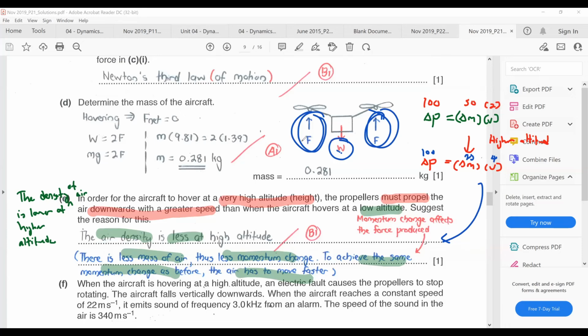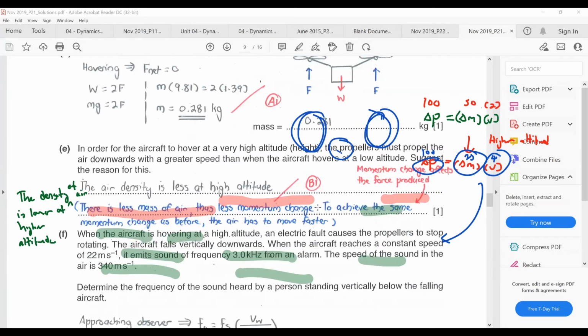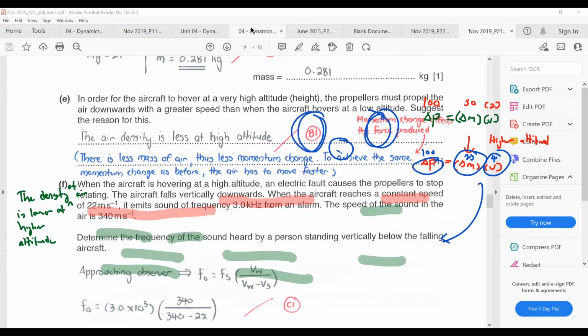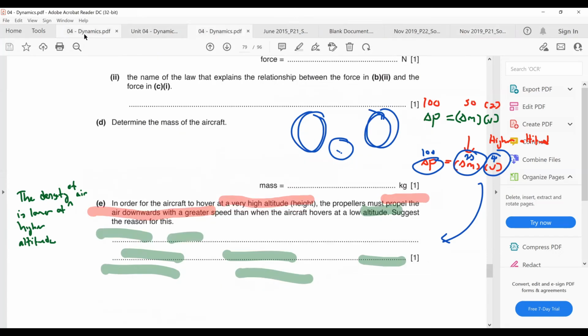So in order for you to generate the same amount of force, in order for you to get back the same momentum change that caused that same amount of force, you will need to move your air faster. Okay, when you move your air faster, even though you have lesser mass of air now, you're still getting the same momentum change. Therefore, you're getting the same force to support the weight of your aircraft. Okay, so that one is for this, right? So this is one part.